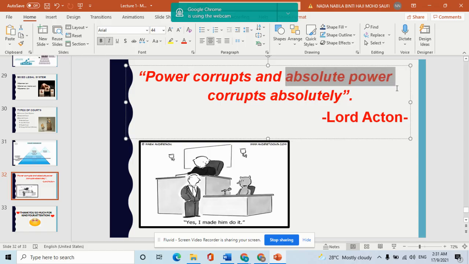So absolute power will absolutely corrupt. Absolute power means a centralized power invested solely in one party or one person, which would definitely corrupt absolutely, rather than power which is decentralized, shared, or divided into certain areas or portions of the country.